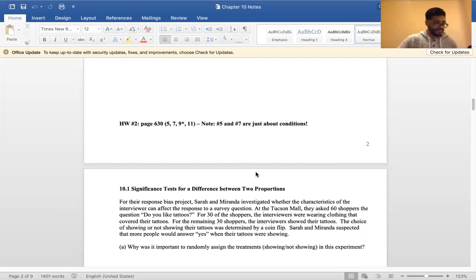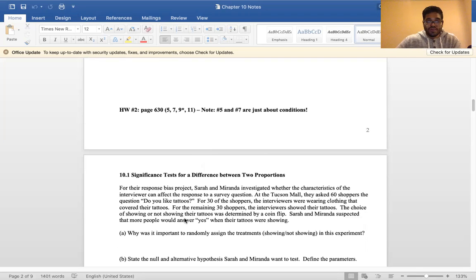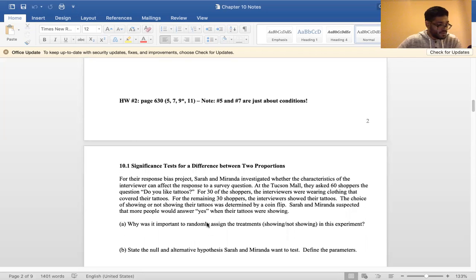Okay, so now, why is it important to randomly assign treatments in this experiment? Again, remember, randomization allows for generalization to greater populations.